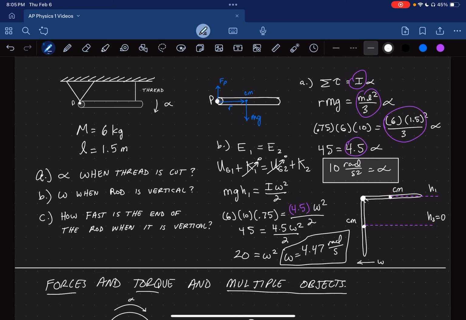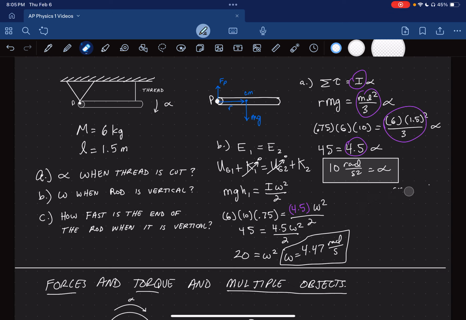Sorry, I was running out of room. For part C, how fast is the end of the rod moving when it is vertical? I want to know now, the end of the rod has velocity v, and that's a really easy equation to do, but I'm going to unfortunately destroy this picture that I've made to fit it in here.